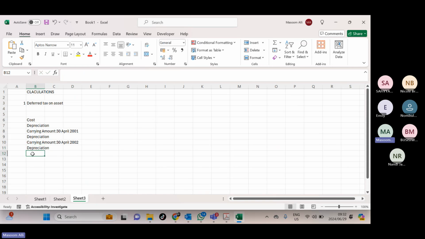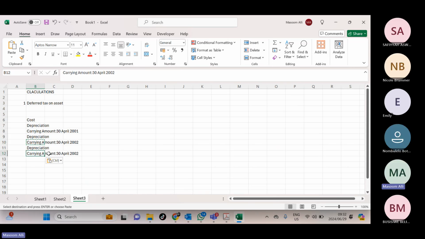Depreciation again, carrying amount for the 30th of April 2003, and then depreciation again, and then this will be the carrying amount as at the 30th of April 2004, right?